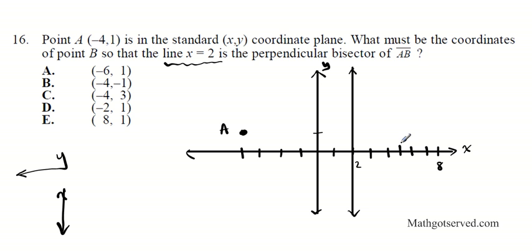So this will be 8 and 1 unit up, so that it's collinear with this line right here, okay? Remember, it's a perpendicular bisector. If it is a perpendicular bisector, then it must intersect at 90 degrees, right? That means that this line must be horizontal since this line is vertical, okay? Because the perpendicular line to all vertical lines are horizontal.